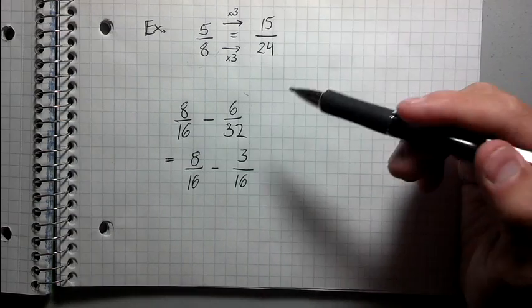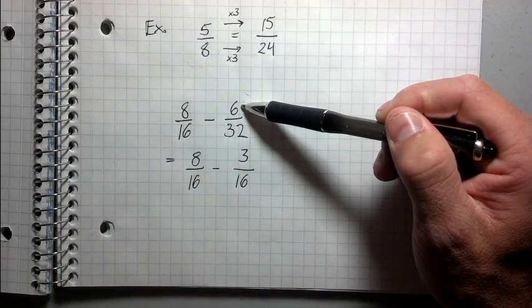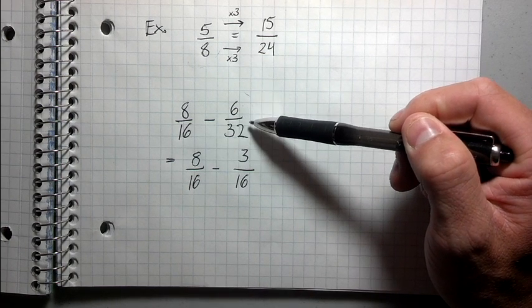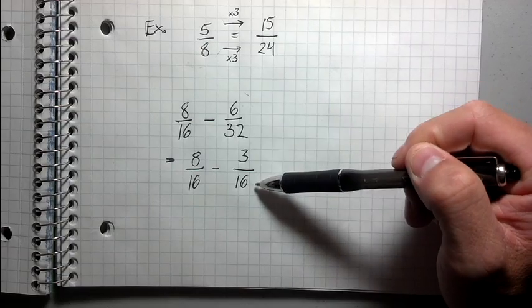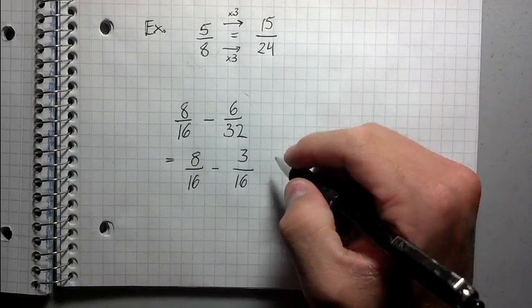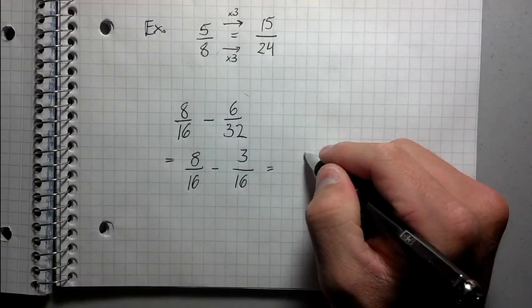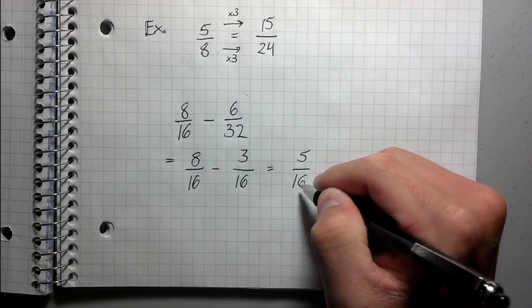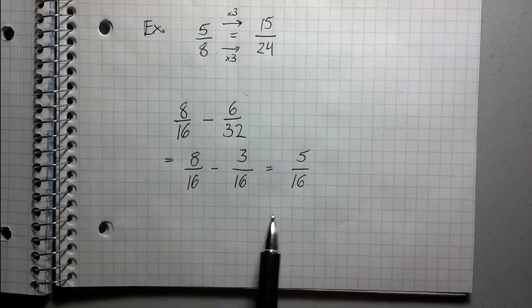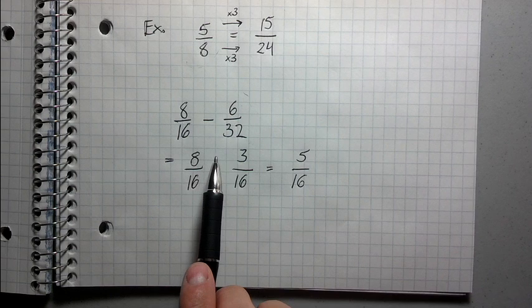Well, it's simple. I took the top and I divided by 2. And I took the bottom and I divided by 2. And since I divided the top and bottom by the same number, that's legal. I was able to do that. So now I can actually do this problem. I end up with 5/16. And like I said, this is not a video on subtracting fractions, but I just thought that this would be a good illustration of what equivalent fractions are used for.